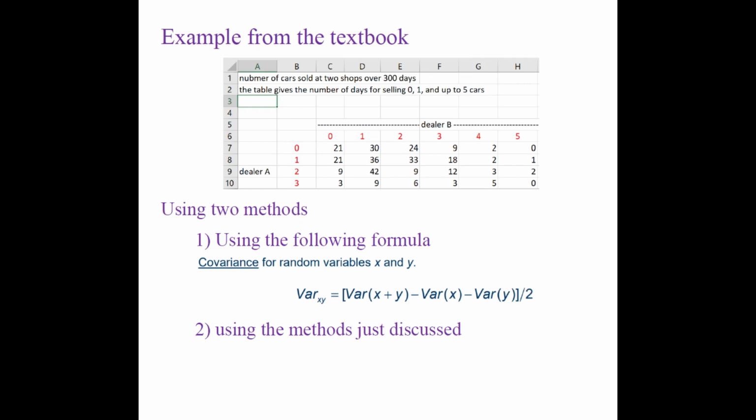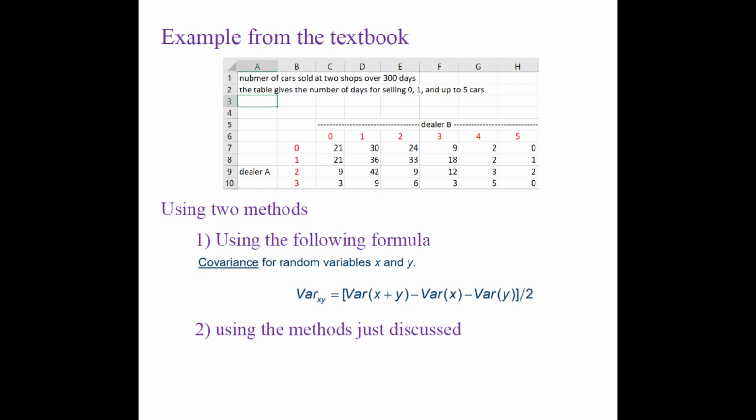For example, the 0, 1, 2, 3, 4, 5 horizontally is for dealer B's categories. There are 6 categories for dealer B. For dealer A, we observe 4 categories: 0 cars, 1 car, 2 cars, and 3 cars. For the first one, there are 21 days where dealer B sells nothing and dealer A also sells nothing.